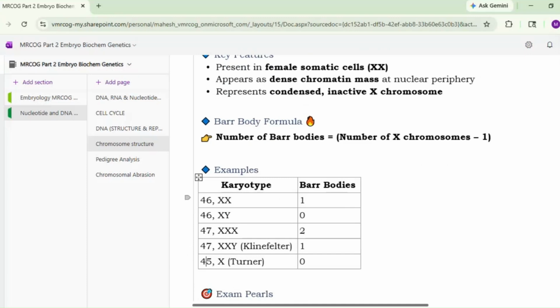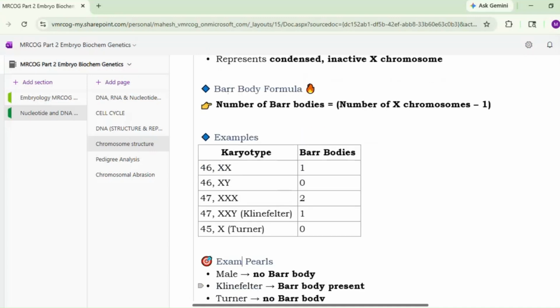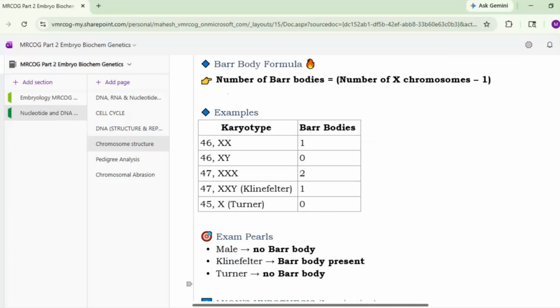Here also there is a female phenotype. But in a normal female there is one Barr body, while in this female phenotype there is no Barr body. In males there is no Barr body. In Klinefelter, the Barr body will be present even though the phenotype is male. In Turner, there will be no Barr body in spite of the female phenotype.